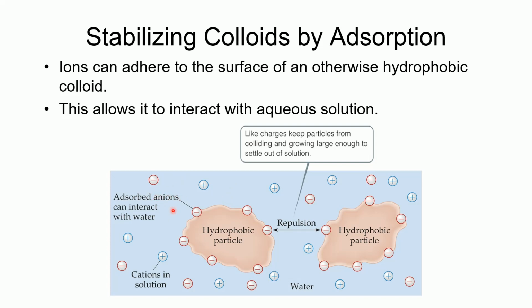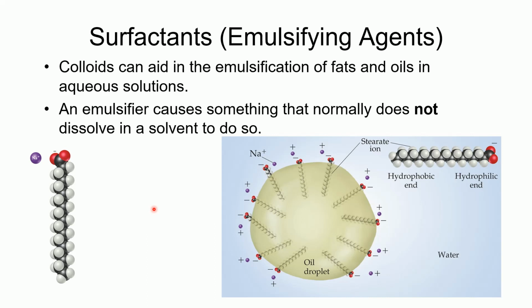Well, let me show you an example of a surfactant, which again is a particle that is amphiphilic. It likes polar and nonpolar. Here is a molecule that's called sodium stearate. Sodium stearate has an ionic portion on the end, and it has a long nonpolar part that is the most of it.